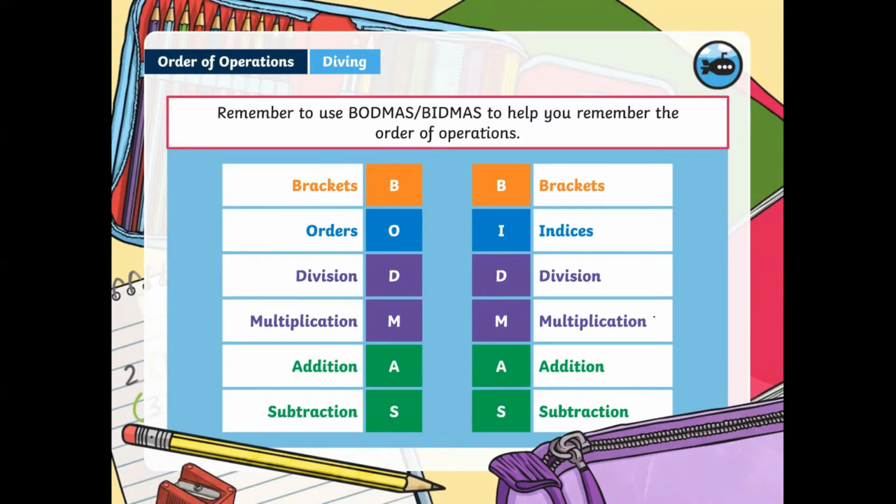So they're actually the same thing. It's just two different words for the same concept. So you can choose whichever suits you better, whichever one you like more. Most people prefer BODMAS, the one on the left, but if you like the one on the right, you can choose whatever you want.